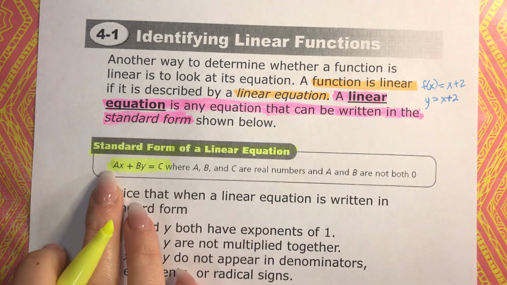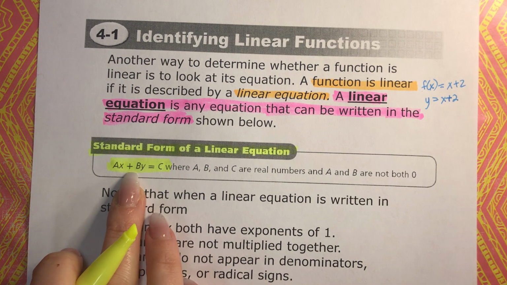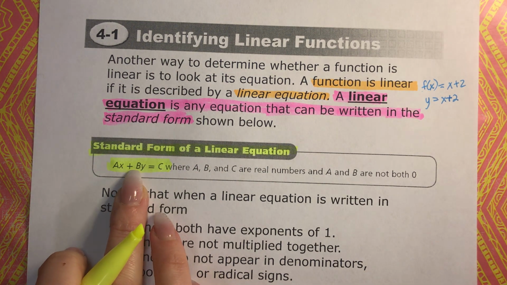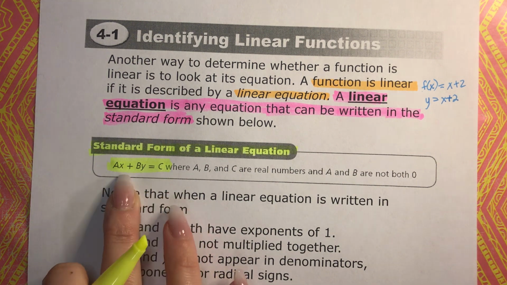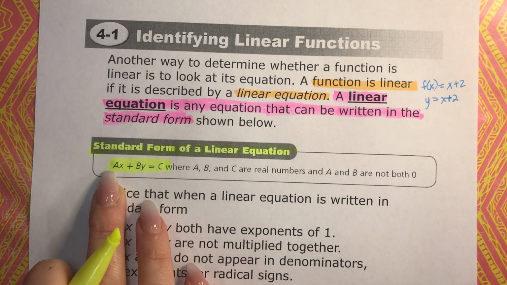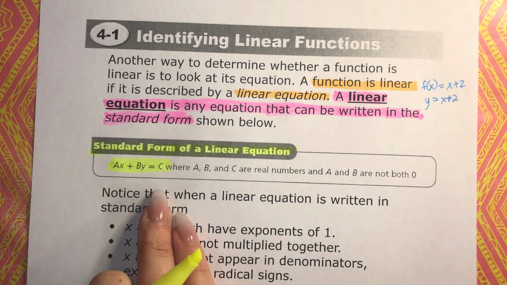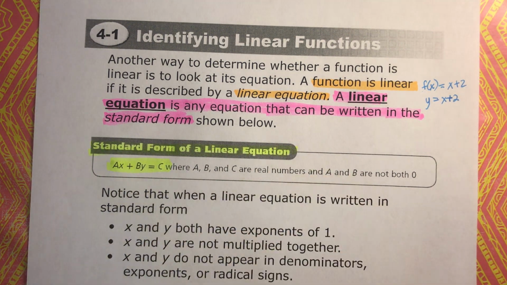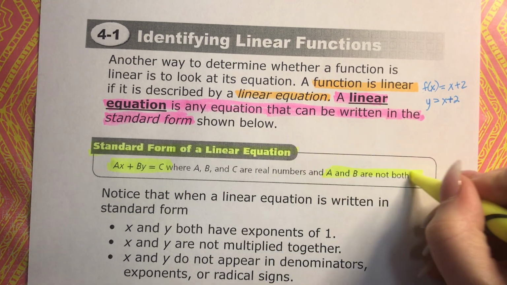So A could be 2, so it'd be 2x plus B could be 3, equals C could be 1/4. You just put any number in front, but know that A, B, and C actually are representing numbers right now. But it does say this, that A and B are not both 0.